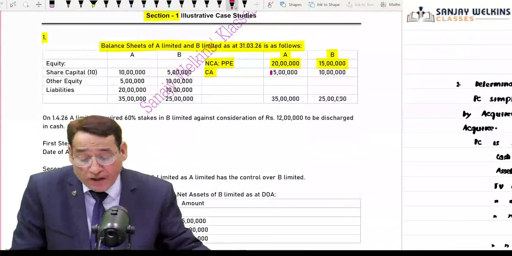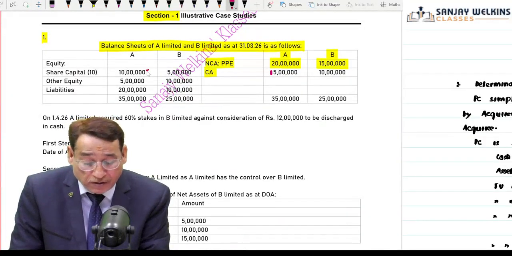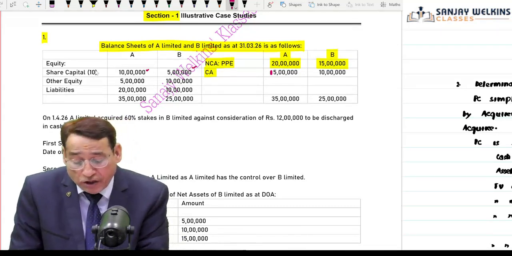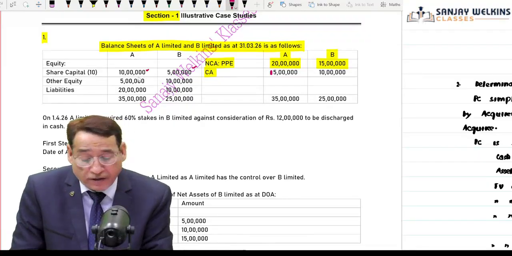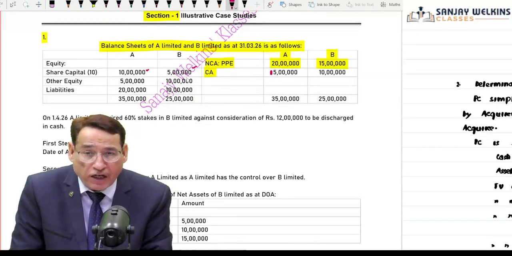Besides that, we are now towards the liability side. We are being given that share capital of A Limited is 10 lakh and share capital of B Limited is 5 lakh. And one share is of rupees 10 each. Don't forget that. Correct? So total number of shares of A Limited will be 1 lakh into 10, that is 10 lakh, and total number of shares of B is 50,000. So 50,000 into 10 will be equal to 5 lakh.